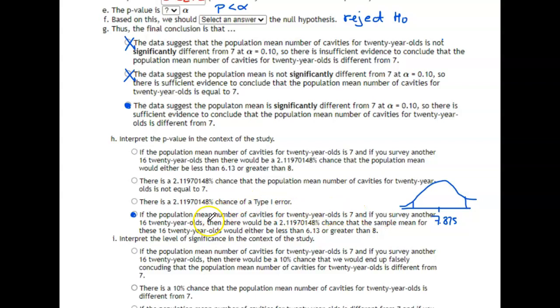The p-value gives the probability of these occurrences.